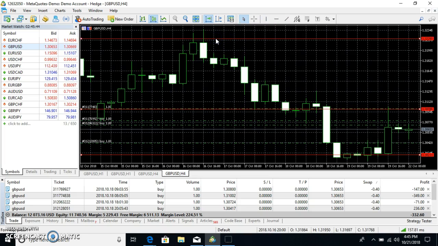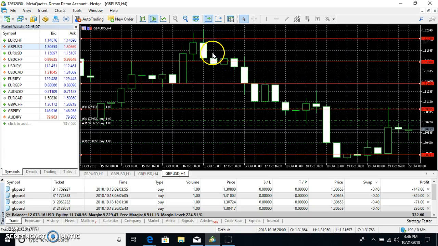Maybe even a supply level. But we know another resistance level right here, one here, and as it's coming down, you see it coming down.